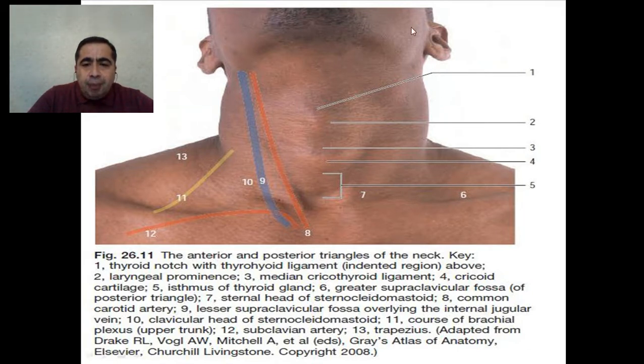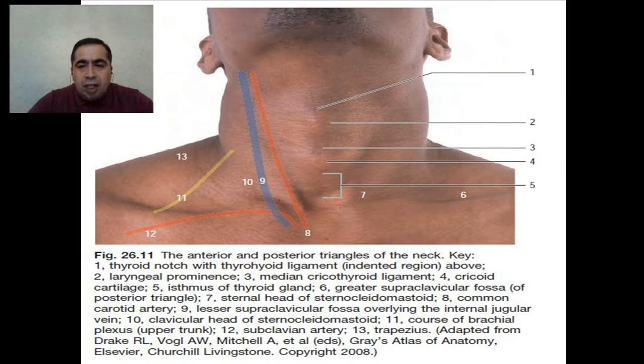And the laryngeal prominence, which I have explained before, is very prominent in males. In females, this landmark cannot be observed because the angle which is formed between the two plates of the thyroid cartilage forms the angulus more than in males.